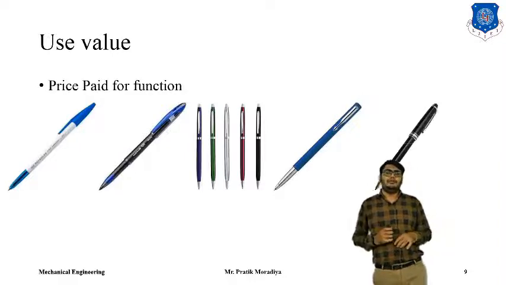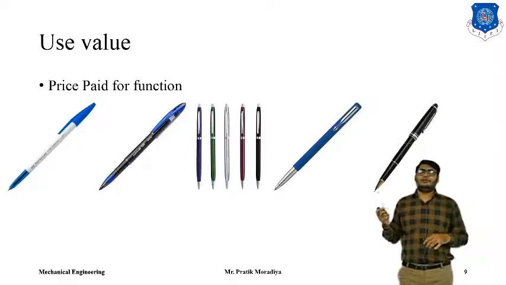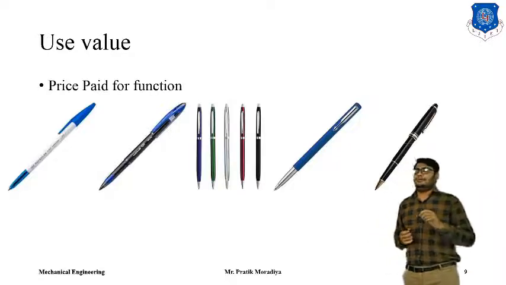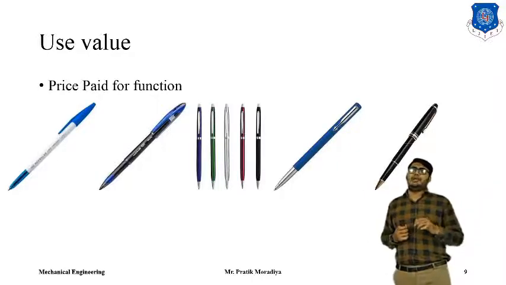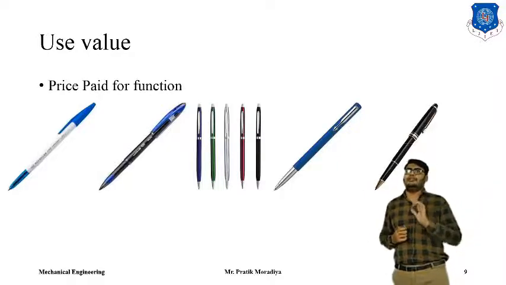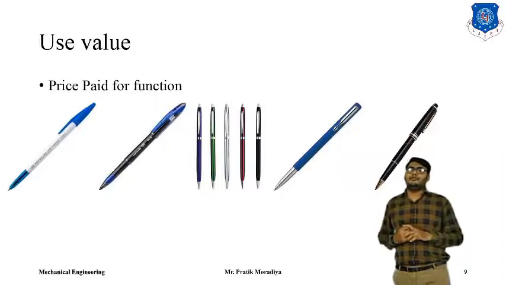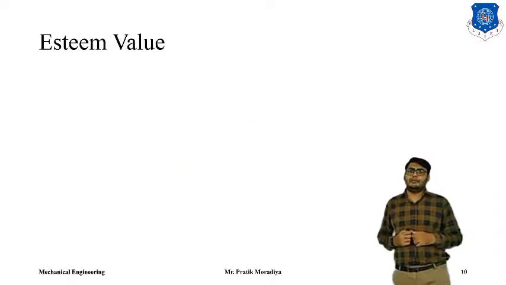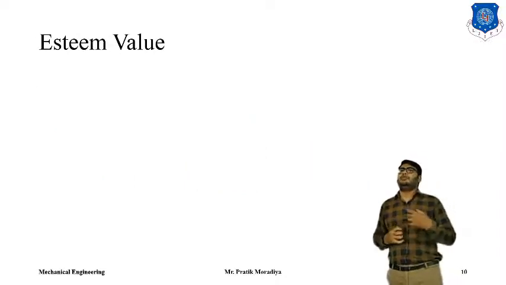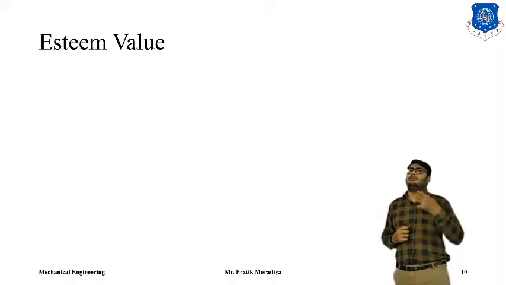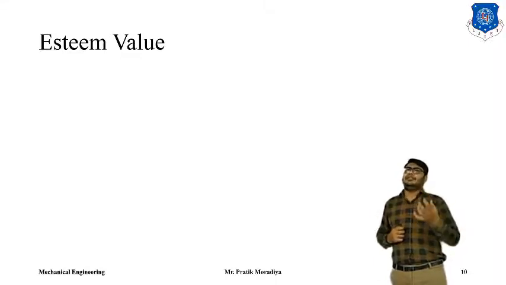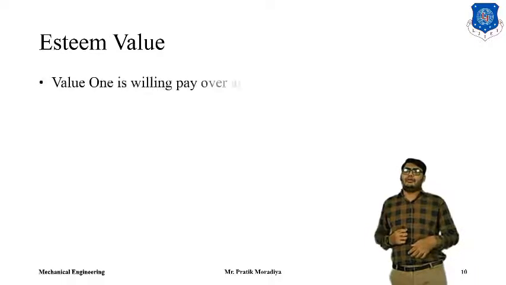So the pen's use value is 2 rupees only, because you can achieve the function with 2 rupees, and that is the function you expect from the pen. That is the use value of the pen. But esteem value is something more than use value. It is the extra you are willing to pay beyond just the function.